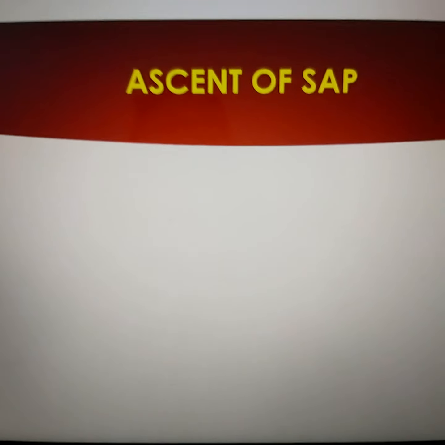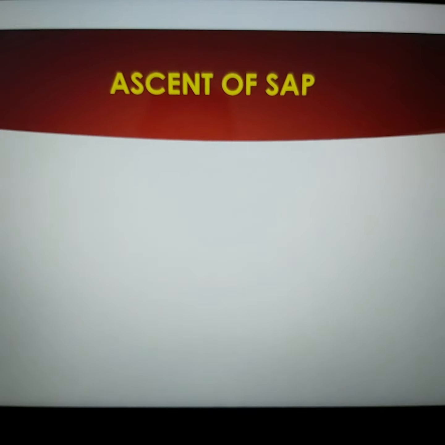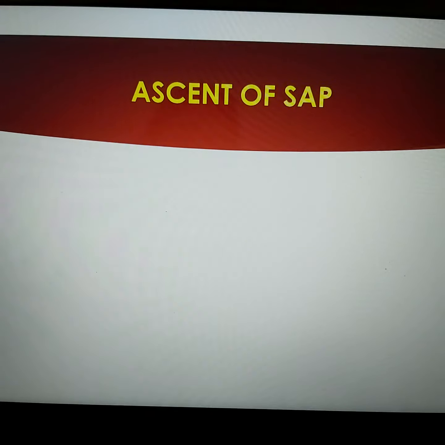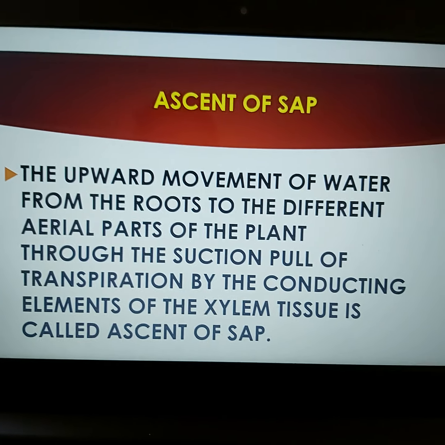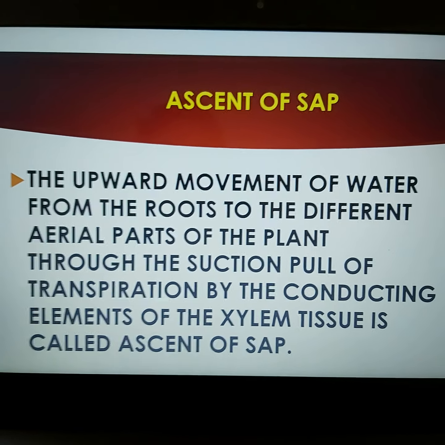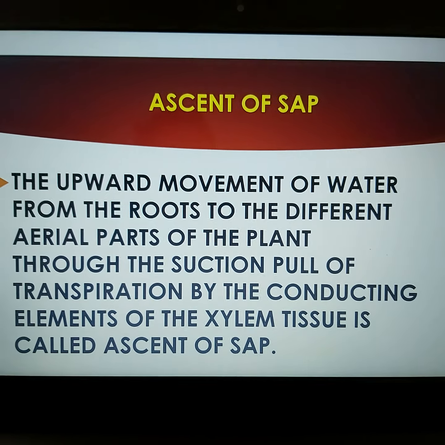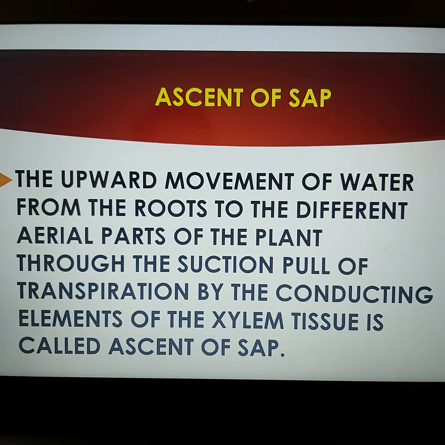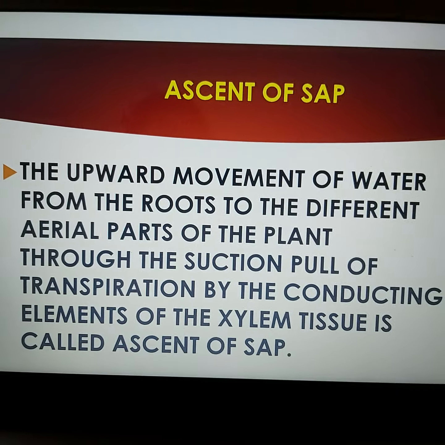Two important terminologies related to complex permanent tissues or transportation: ascent of sap. What is ascent of sap? The upward movement of water from the roots to different parts of the plant through the suction pull of transpiration by the conducting elements of xylem is called ascent of sap.